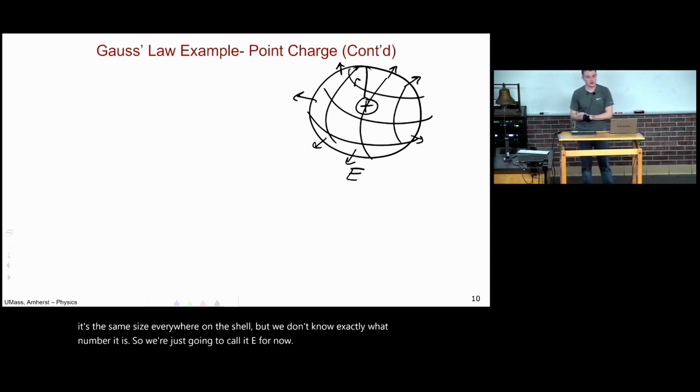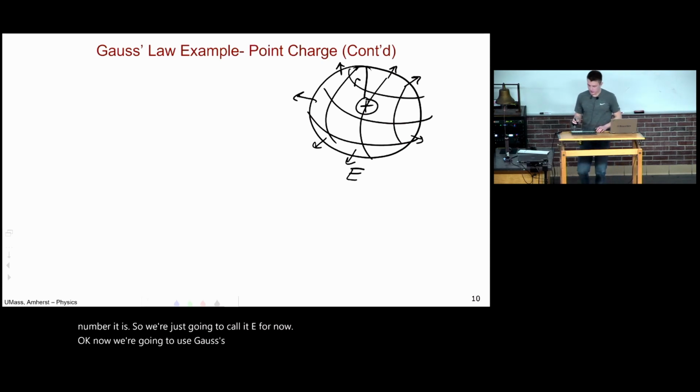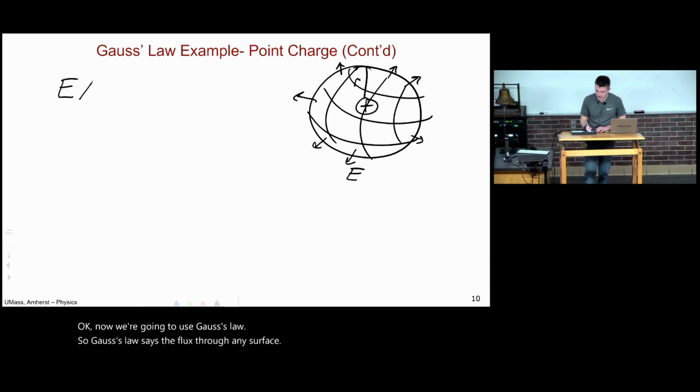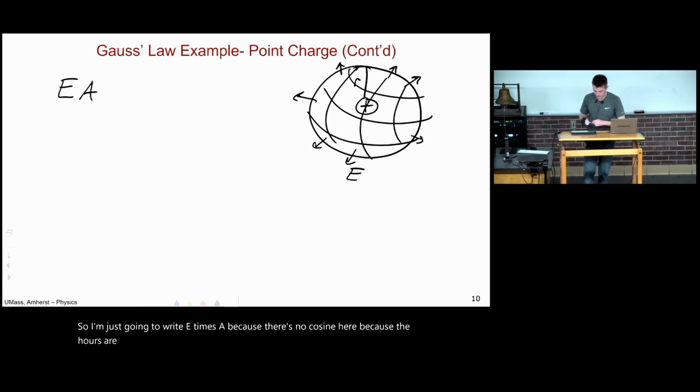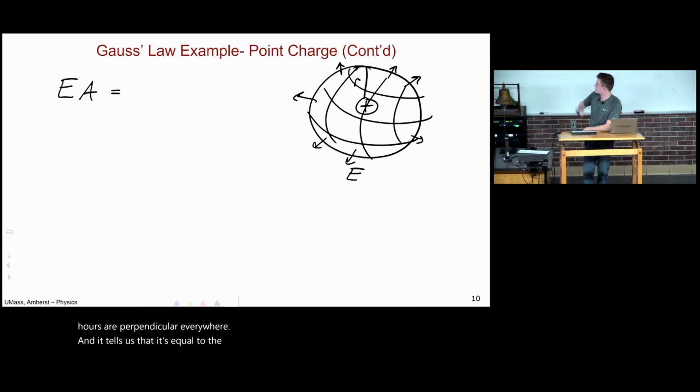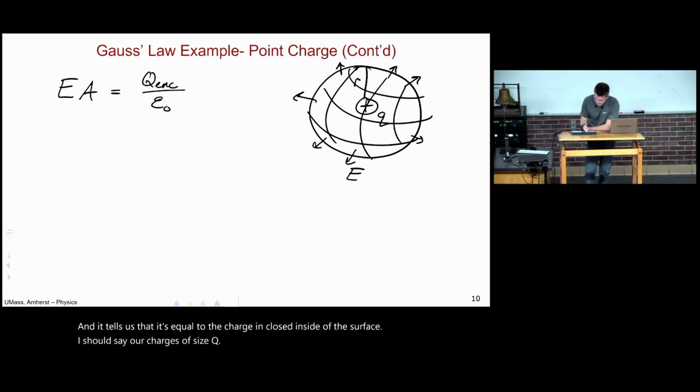OK, now we're going to use Gauss's law. Gauss's law says the flux through any surface, so I'm just going to write E times A, because there's no cosine here because the arrows are perpendicular everywhere, is equal to the charge enclosed inside of the surface, which I should say is a charge of size q, over epsilon 0.